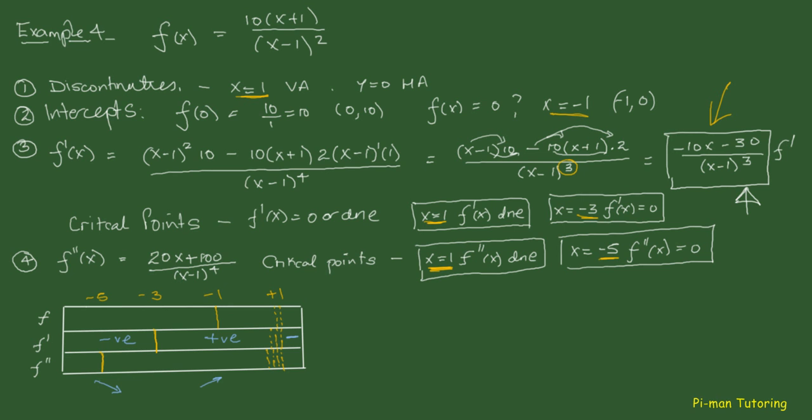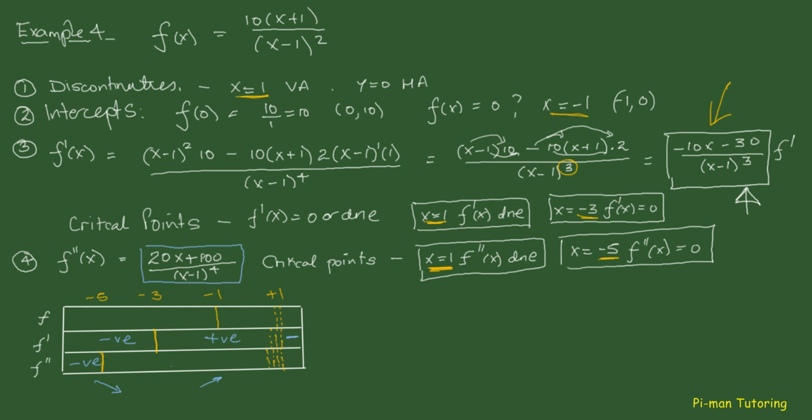Now if we look at the second derivative, again we can choose numbers to plug in to the left of negative 5. So if we plug in negative 6 into the second derivative formula, negative 6 will give me a negative on top. The denominator is to a power of 4, so it will always be positive, and therefore I know that I am negative to the left of negative 5.